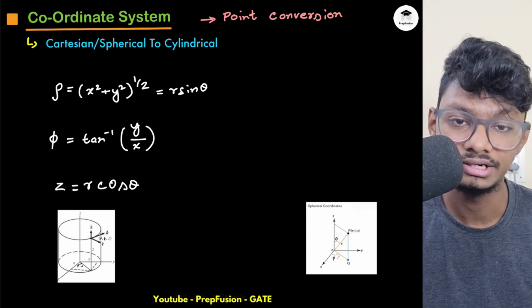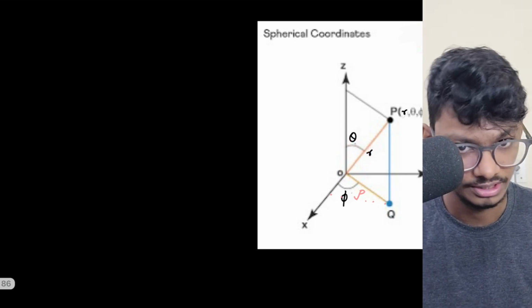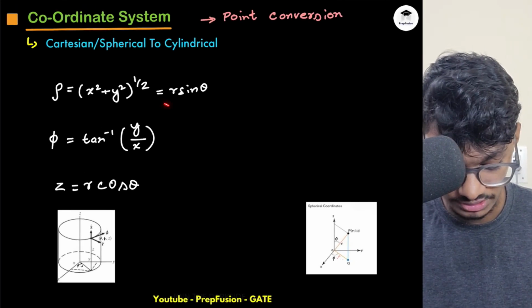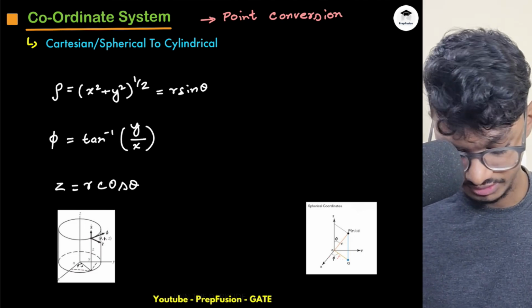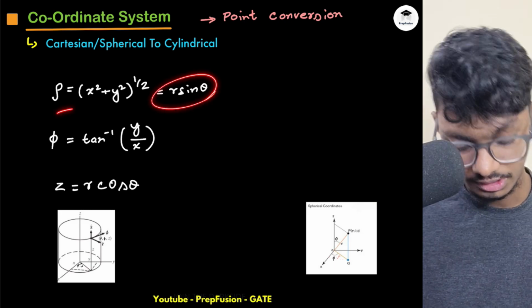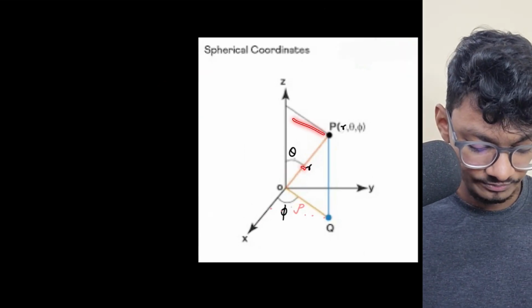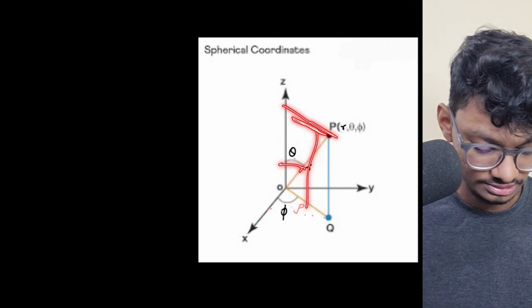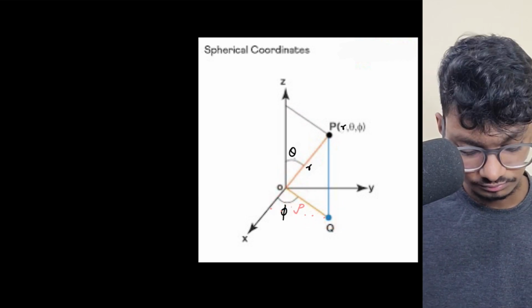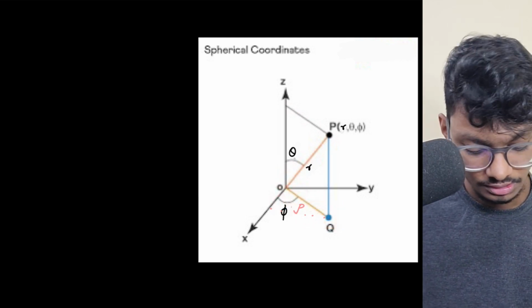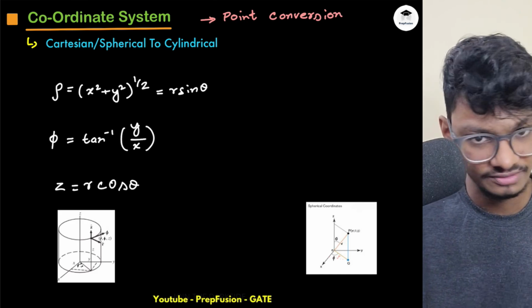For spherical, what is the thing? Z simply becomes r cos theta, as mentioned previously. What about rho in the spherical coordinate system? I told you, if I take the r sine theta component, this is the parallel of this component, and this will be the rho component that I explained in the previous slide.